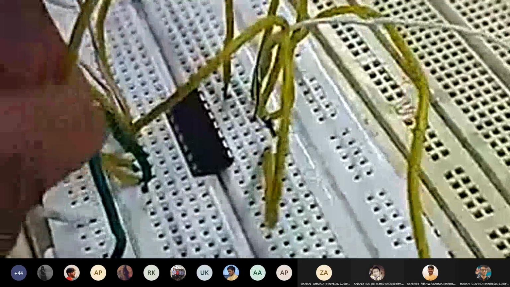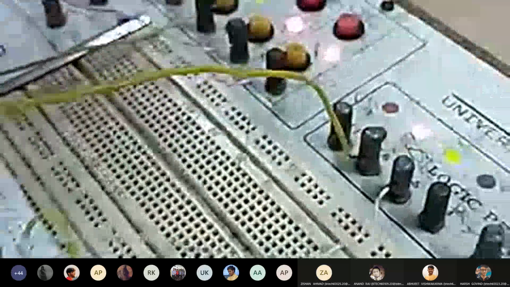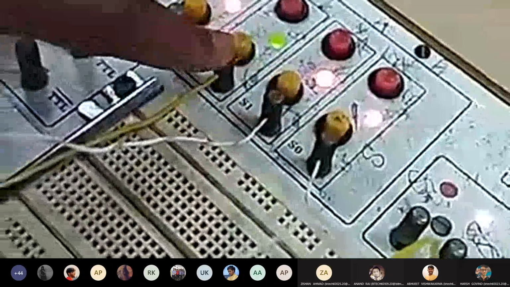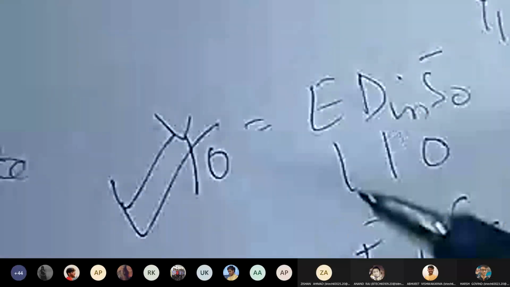So yellow is your Y0 part because it is connected to pin 6. So we can see Y0 is connected with pin 6, so the light is glowing for Y0. That means enable is 1, data input is 1, and S0 is 0. That means it is S0 bar. So definitely we will get Y0 here and Y1 there.